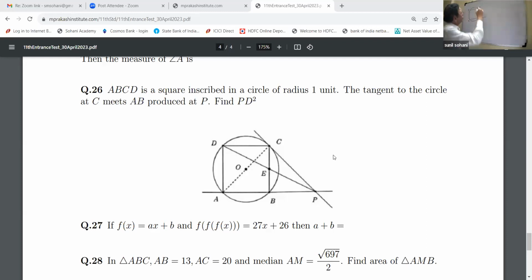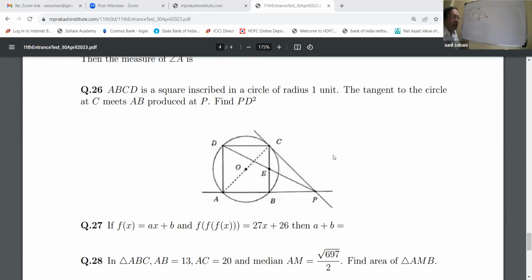And then there is a tangent at C, which meets at P. Wait, let me draw a little better, because there is a circle having center at O. Then you have to join PD.